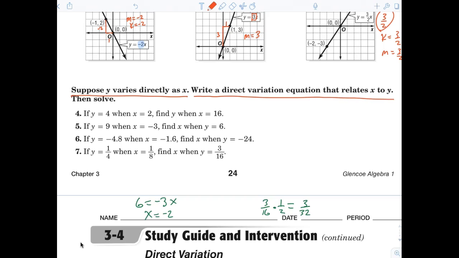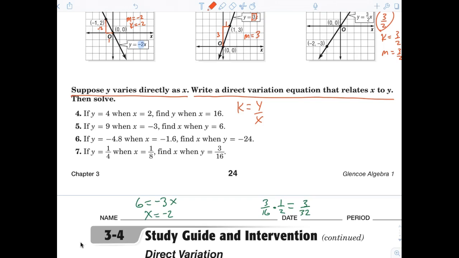All right? Now, again, what did I say k was always? What did I say k was? Thank you. K is always y divided by x. So in question number 4, what is k? Everybody should be telling me.